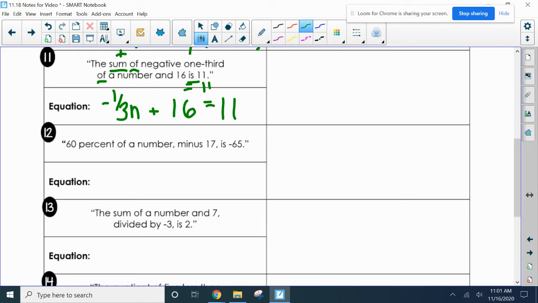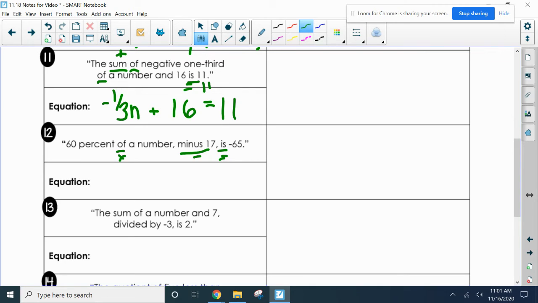All right, so 60% of a number. So of means times, minus means subtraction, is means equals. All right, the one thing, did you turn your percent into a decimal? Because we cannot multiply percents. You didn't? Is that the one thing you did wrong? You want to pause it and fix it? Awesome.